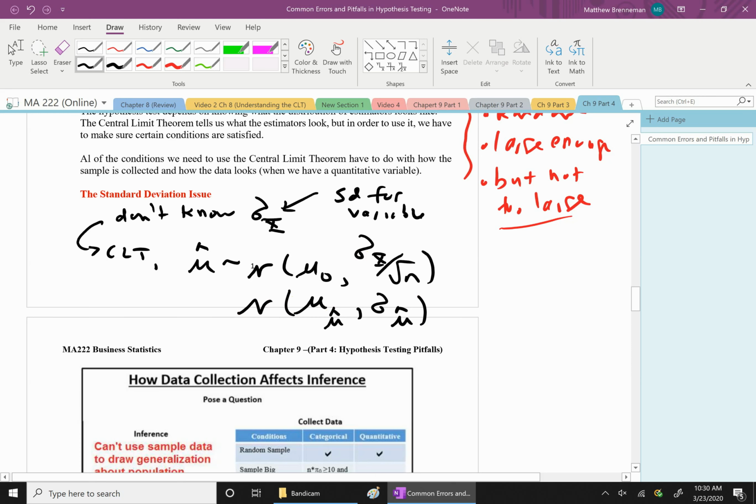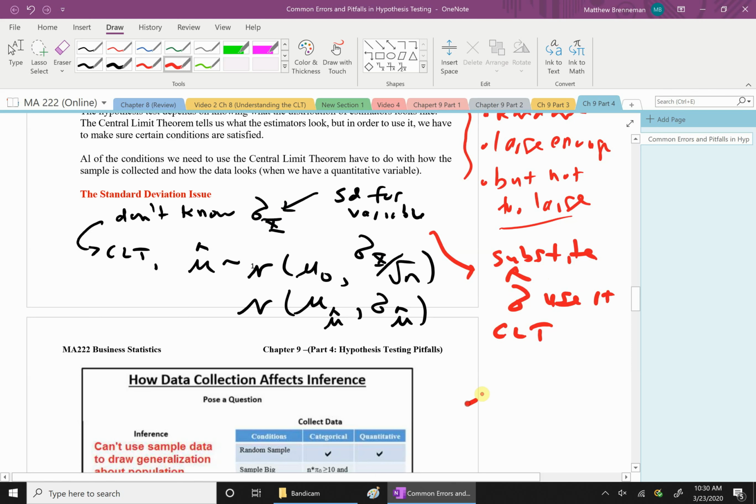And so very often I don't know the population standard deviation for the variable. And the question is, what do I do? And the answer is very simple. We substitute the sample standard deviation. Okay. In other words, I have the sample, I have an estimate for the population standard deviation. That's my sample standard deviation. So we substitute this, and we use it in the central limit theorem.